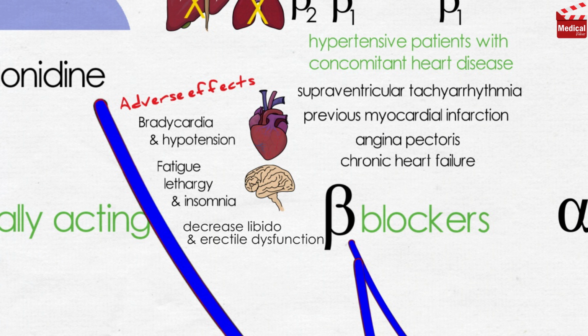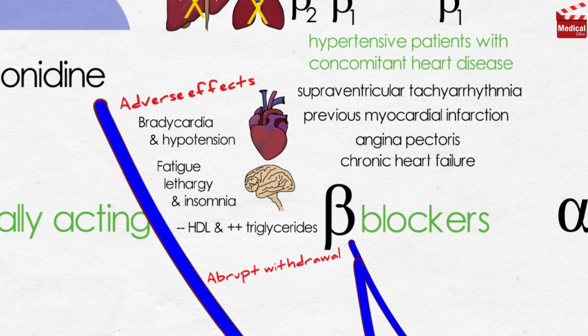They may decrease libido and cause erectile dysfunction. They also may disturb lipid metabolism, decreasing high-density lipoprotein cholesterol, and increasing triglycerides. Abrupt withdrawal may induce angina, myocardial infarction, and even sudden death in patients with ischemic heart disease. So it should be withdrawn slowly over a few weeks.